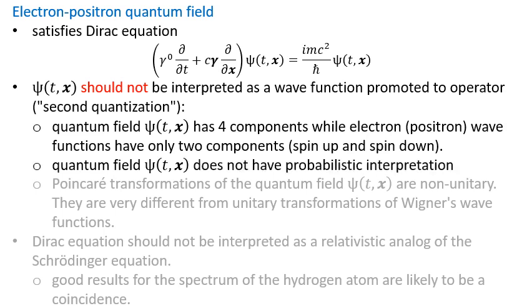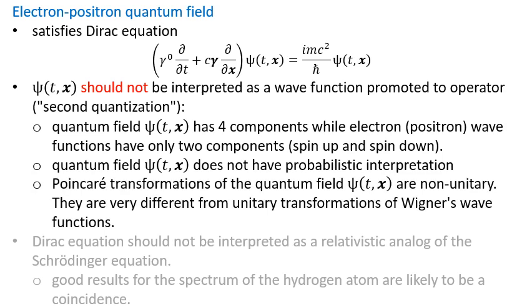Quantum field does not have a probabilistic interpretation. And Poincaré transformations of quantum fields are completely different from transformations of Wigner's wave function. So I would advise you not to regard the Dirac equation as a relativistic analog of the Schrödinger equation.